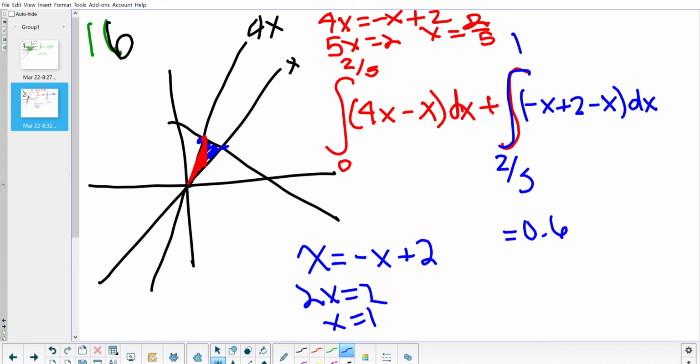You've got to be able to do this in terms of x. You've got to be able to do this in terms of y. You've got to be able to split up antiderivatives. If there's anything you have questions on, please let me know. This is not an easy thing. You're going to have plenty of time to do it, but you've got to be ready for Wednesday.